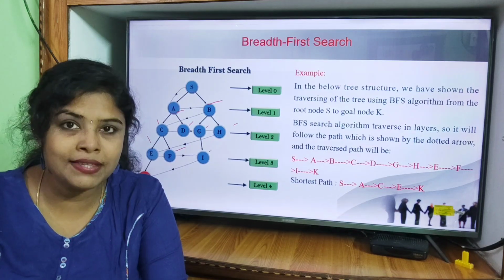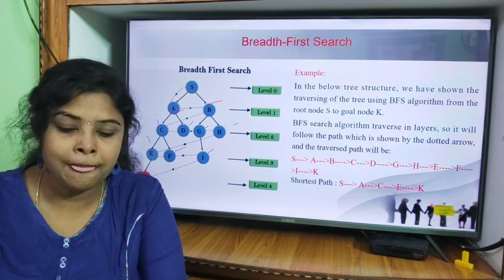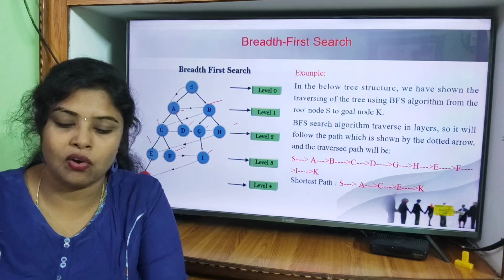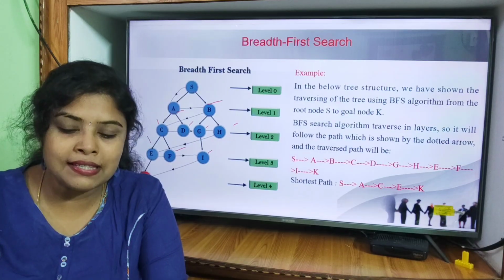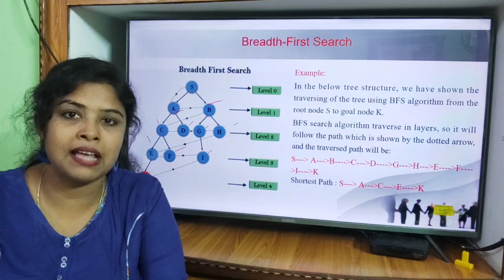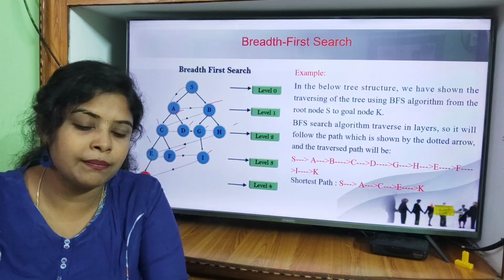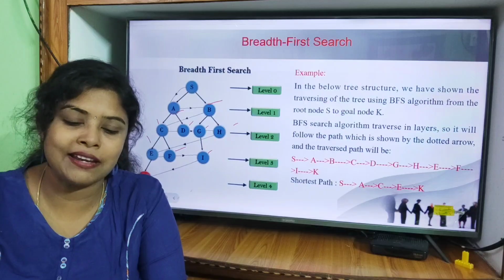And G has one successor node which is I, and then we have K which is the successor of E. So this is the example we have taken, to see how the BFS algorithm can be executed and used here.